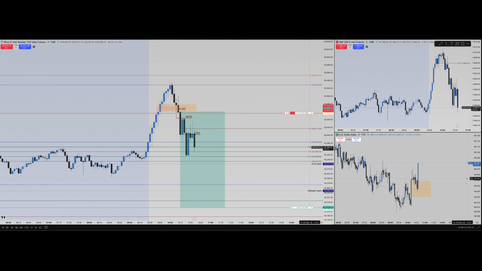ES is showing weakness, as you can see on the top left. The dollar is very strong, showing discount sensitivity to that annotated inefficiency. The bodies are not able to get into that lower half on the dollar. So that to me still keeps my bearish narrative intact.